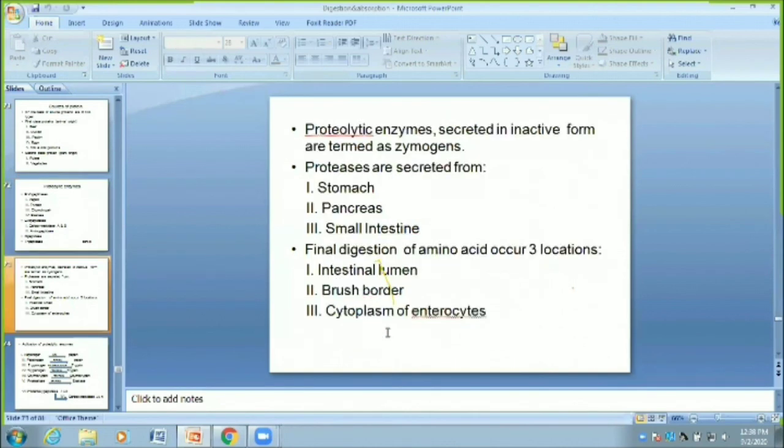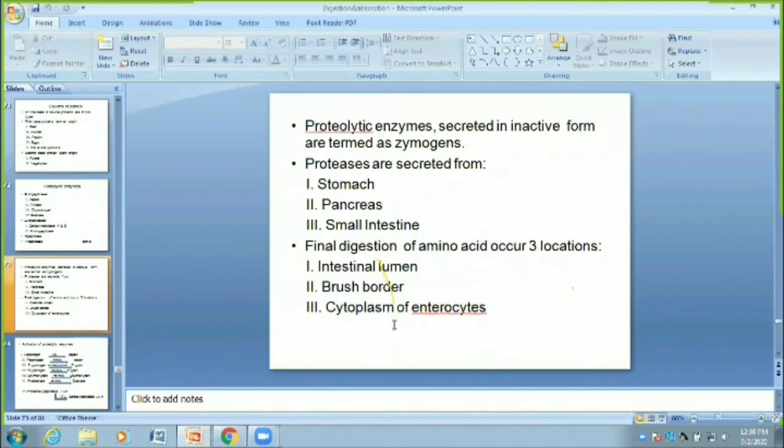Proteolytic enzymes are secreted in inactive form as zymogens. Zymogens are inactive forms of proteolytic enzymes. We know this. We'll be showing how zymogens are converted to active forms.